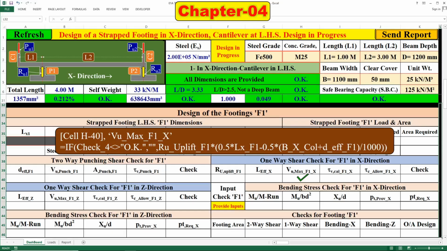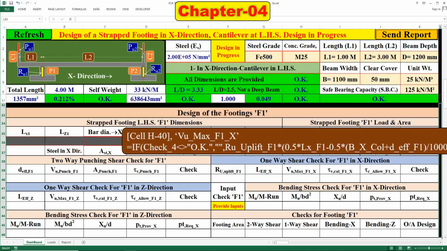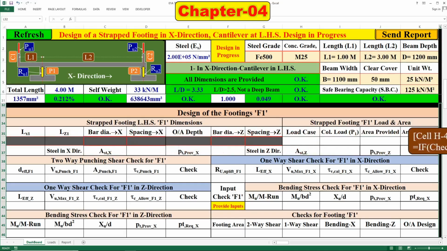Otherwise, it will calculate the value of VU_max_F1_x by multiplying RU_uplift_F1 by 0.5 times LX_F1 minus 0.5 times the sum of B_X_COL plus D_EFF_F1 divided by 1000.